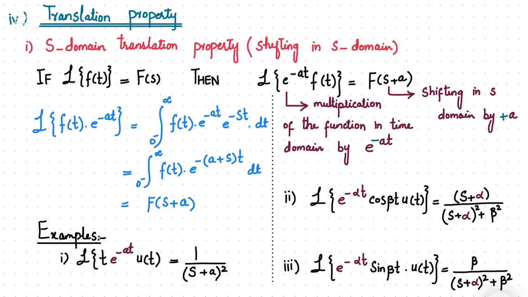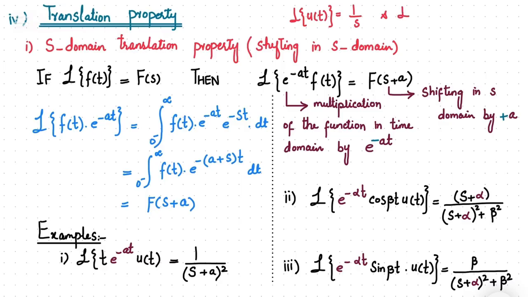It means that the multiplication of a function in time domain by an exponential function results in the shifting of the s domain function. This is the same property which I discussed in the start of the lecture, that we calculated the Laplace transform of u of t, and that was equal to 1 over s.